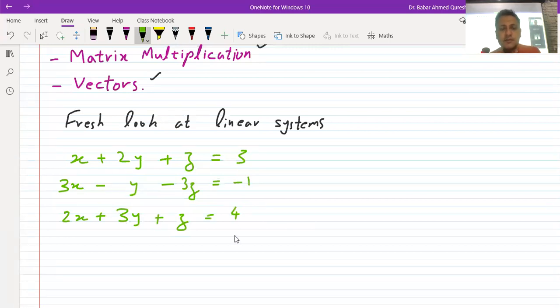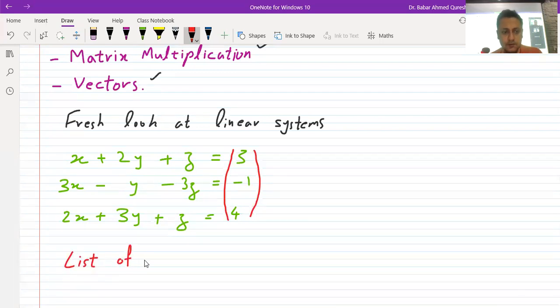Now, if I look at this equation, on the right hand side, I have a list of numbers over here, which define the right hand side of these equations. So you have a list of numbers, and I'm going to treat this list as one object.